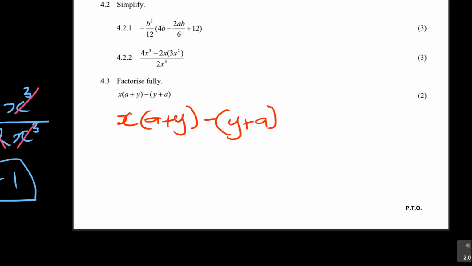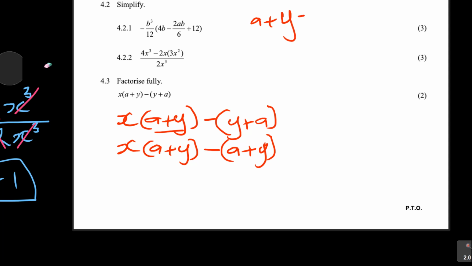Actually this is the same thing. Look, a plus y, y plus a is the same as saying a plus y. They were just trying to confuse you to think that it's different. A plus y is the same as y plus a.